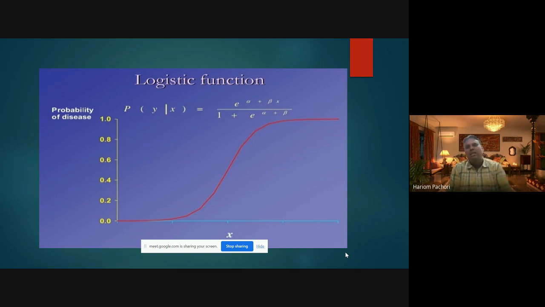You can calculate the probability for a known x as e to the power alpha plus beta x divided by 1 plus e to the power alpha plus beta x. It follows an S shape and does not follow a linear relationship. So this is known as the logistic function.